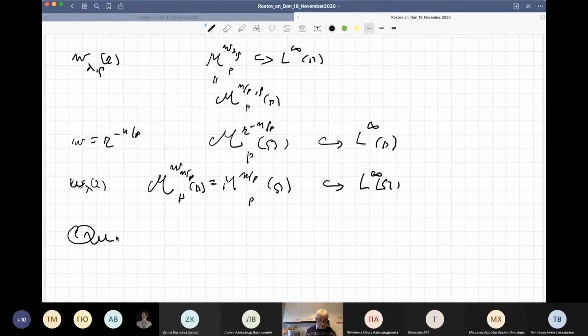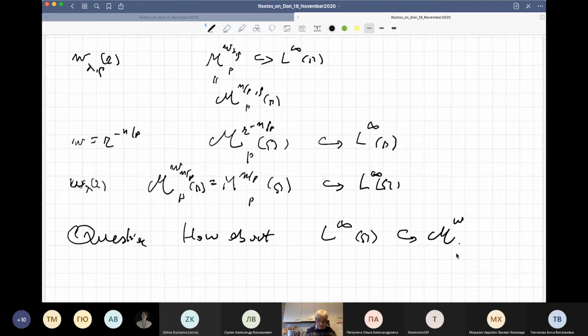And now the next question. How about the reverse inclusion, L infinity omega in MWP omega? And here we have the following proposition.